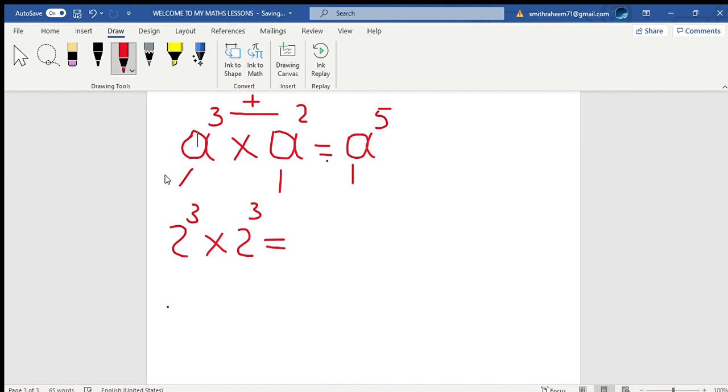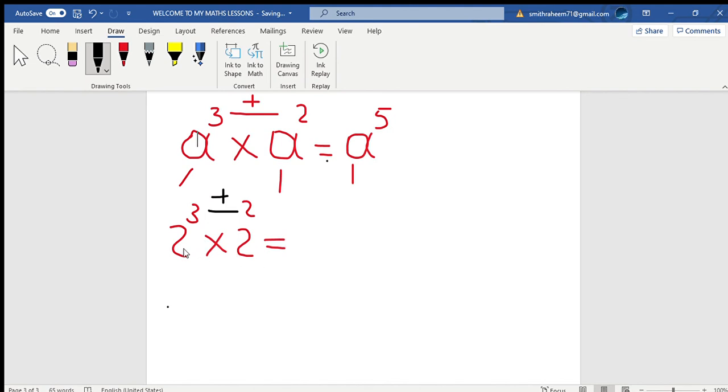Alright, so remember, use a different color. Remember, you're gonna add these two. Okay, so it should be 2 to the third multiplied by 2 to the power of 2, and we should add these two here.